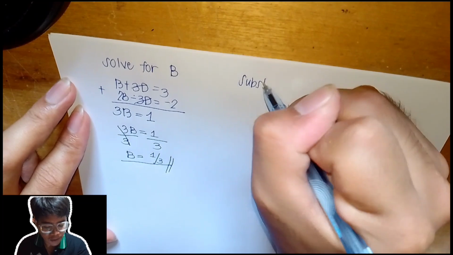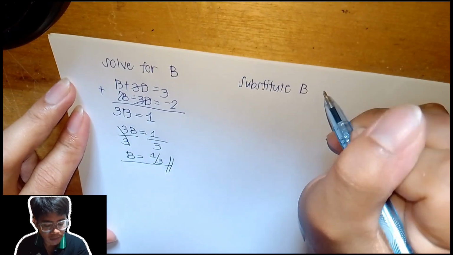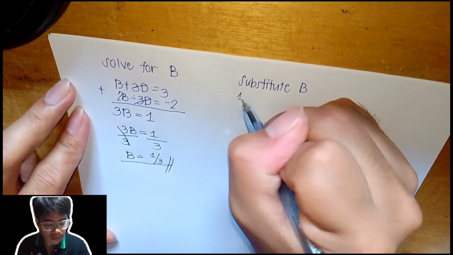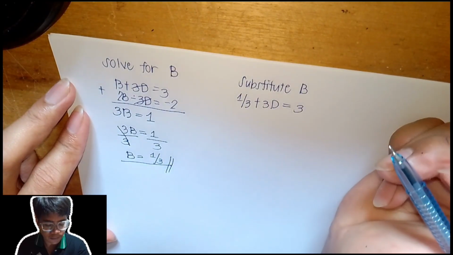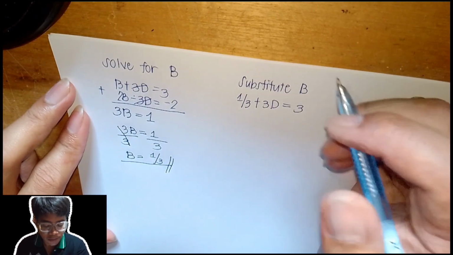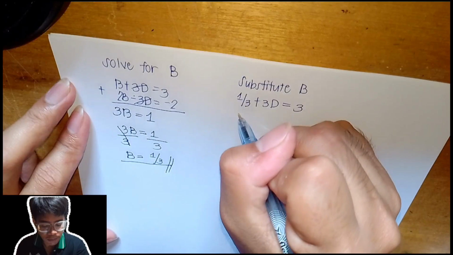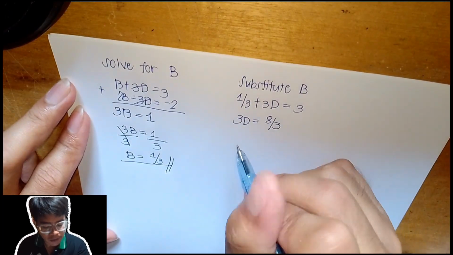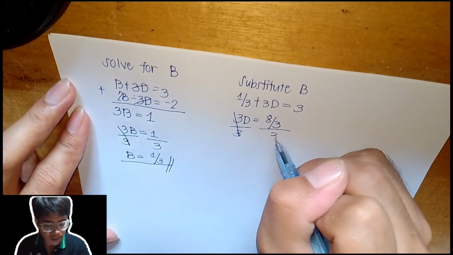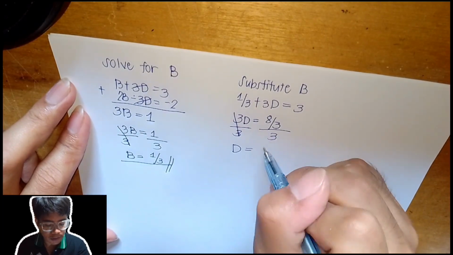Now substitute the value of B to get the value of D. 1/3 plus 3D is equal to 3. Now, the value of D is equal to 8 over 9.